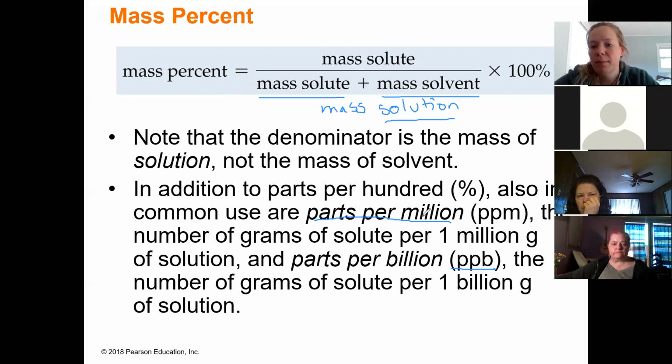So you may hear that there are 3.6 parts per million of mercury in our drinking water, or 2.5 parts per billion of perchlorate in our rainwater. When they're talking about parts per million and parts per billion, instead of saying 1 out of 100, they're saying 1 out of a million or 1 out of a billion. We aren't really going to do anything with parts per million and parts per billion, but it's useful to see how that relates to mass percent.